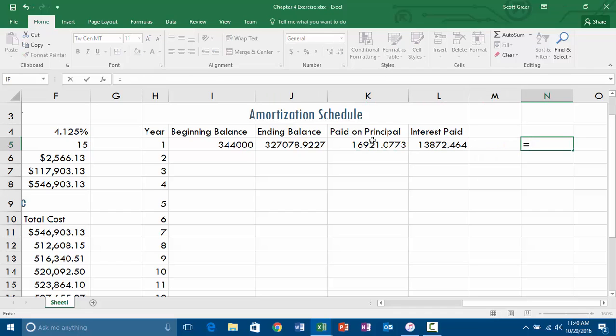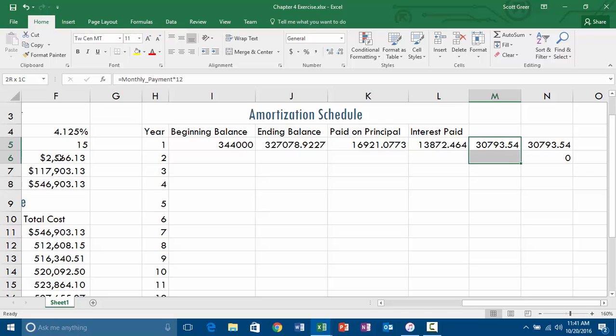So equals this plus this, and this is why I like Excel. If I can get these two to equal 0, then we know that we're right mathematically. Equals this times 12. Ta-da! So that's what I'm showing you as a check: the 12 times the monthly payments and these two numbers together equal the same amount. That's a really quick way in Excel that you can show that you have a good number.